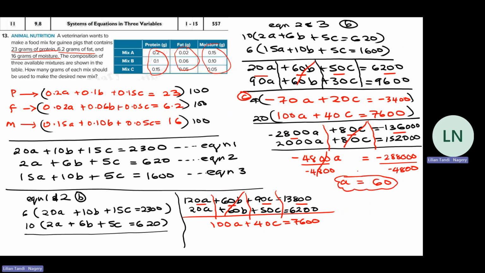Okay. After I find a, I substitute back in these equations here to find c. So I know that 100 times 60 plus 40c equals 7600. 6000 plus 40c equals 7600.